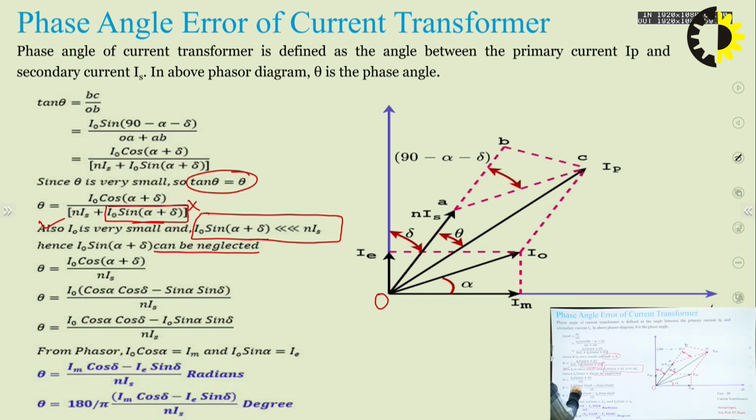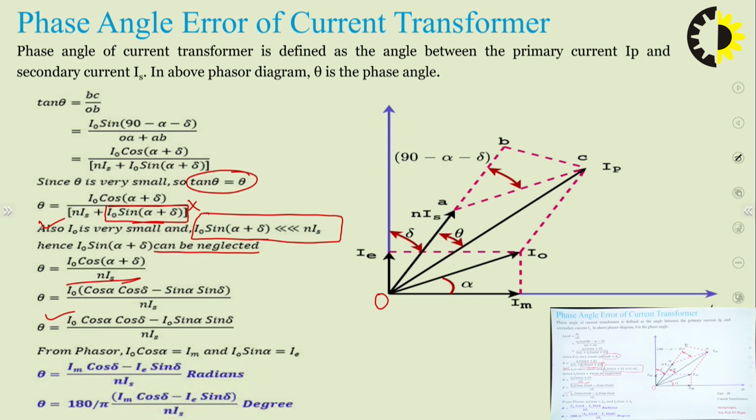So theta becomes I naught cos alpha plus delta divided by nIS. Opening this expression with the cos A plus B formula, cos A cos B minus sin A sin B, it becomes I naught cos alpha cos delta minus I naught sin alpha sin delta upon n times IS.